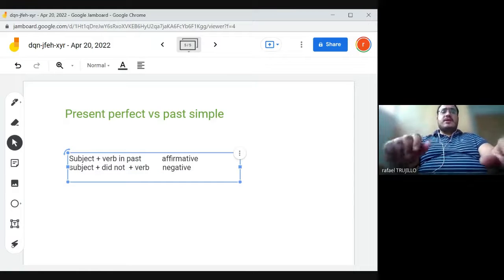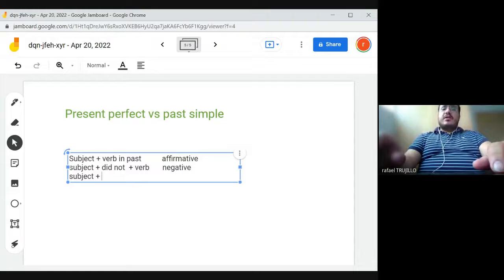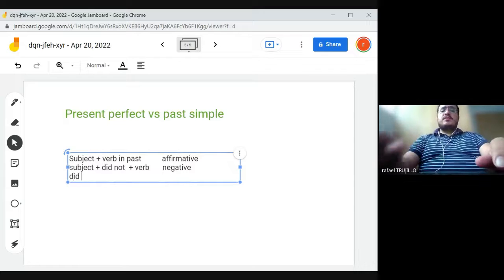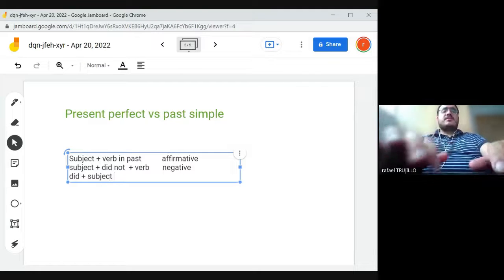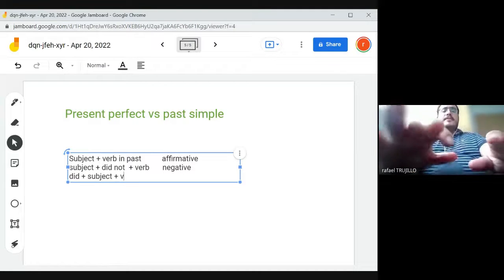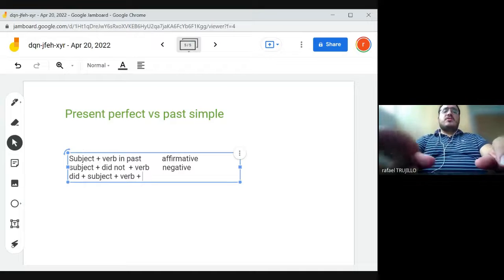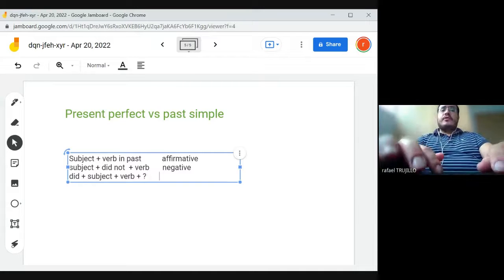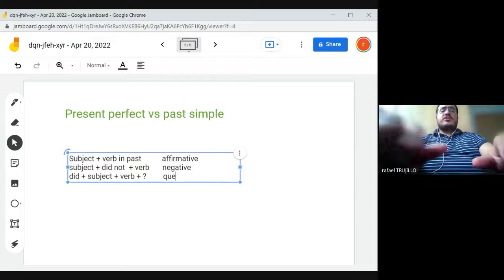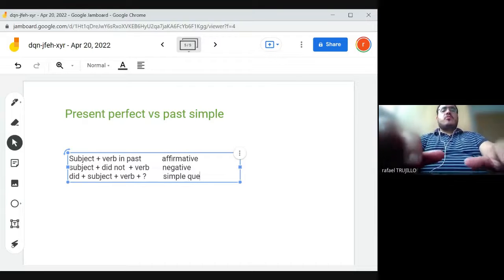Then we also have did plus subject plus verb plus question mark for the simple question.